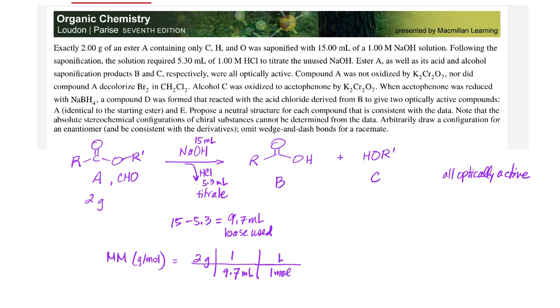So that's 1 mole per 1 liter. I'm setting this up to cancel out liters. And then I change the units to agree. And then we end up with 206 grams per mole. If we go back and calculate, I'll just cross out here. Milliliters cancel, liters cancel, so we get our units. That makes sense.